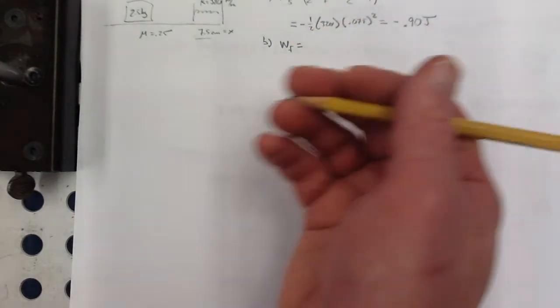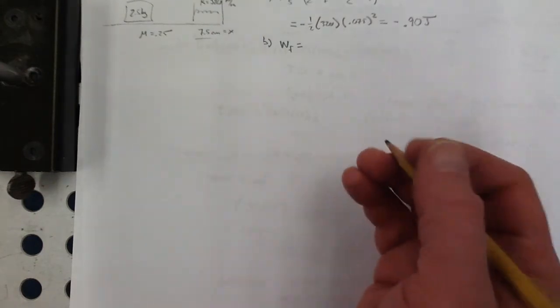is equal to, so friction would also do negative work, but they're asking what's the increase in thermal energy. So that's the positive version of that.